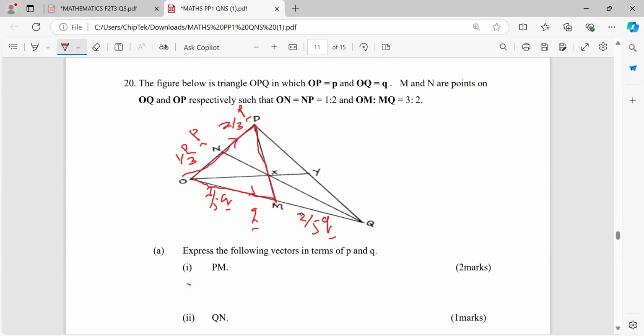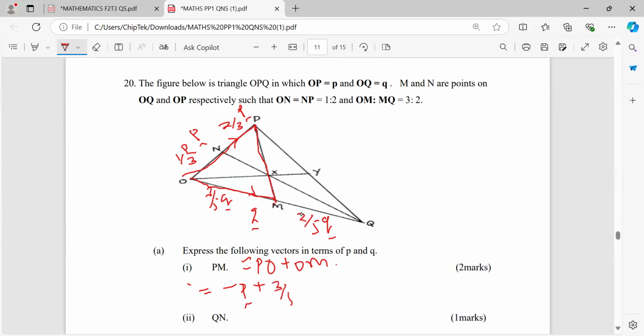Sawa. So PM ni PO plus OM. Na PO, ukumbuka OP ni P. So PO you're going against the direction, itakuwa negative P plus OM. OM ni 3/5Q.